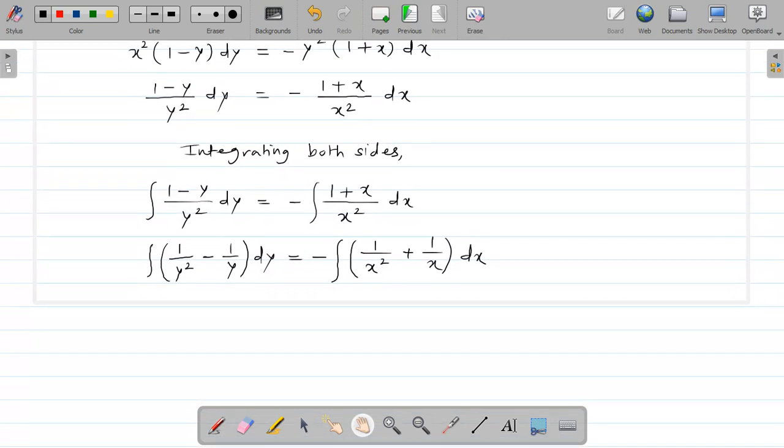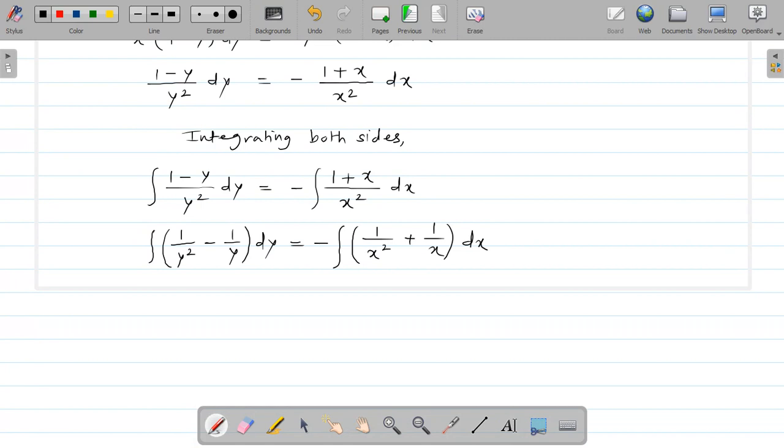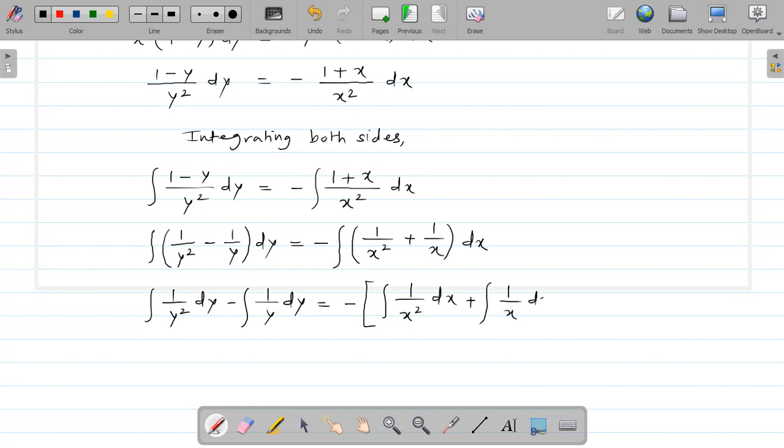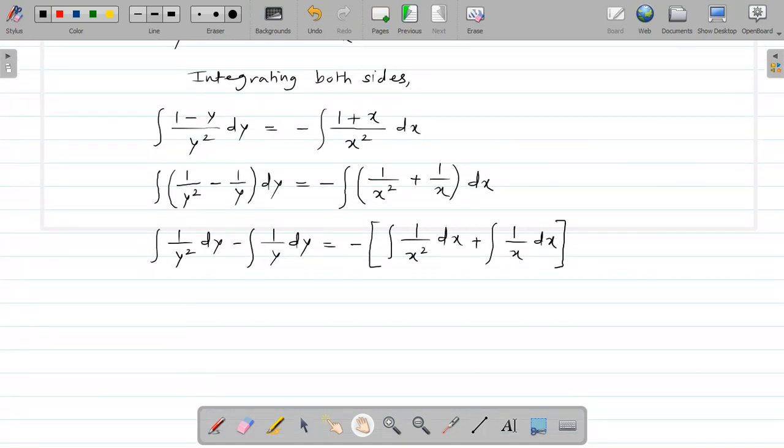Okay. Now take the integration of separate terms. So the integration of 1/y² dy minus the integration of 1/y dy is equal to minus, and in bracket the integration of 1/x² dx plus the integration of 1/x dx. Because of the minus sign you have to keep it in square bracket. Now what is the integration of 1/y²?